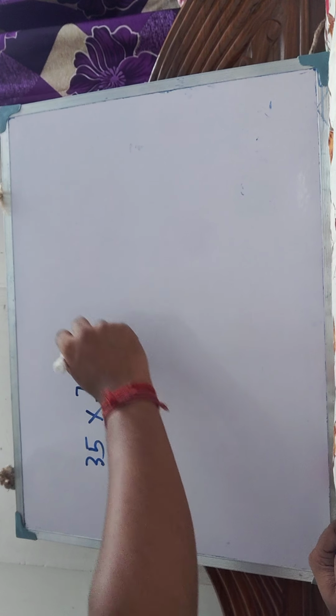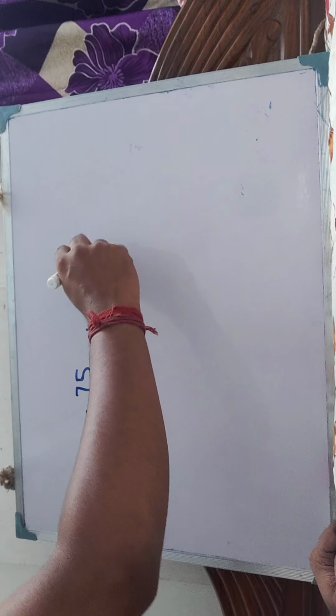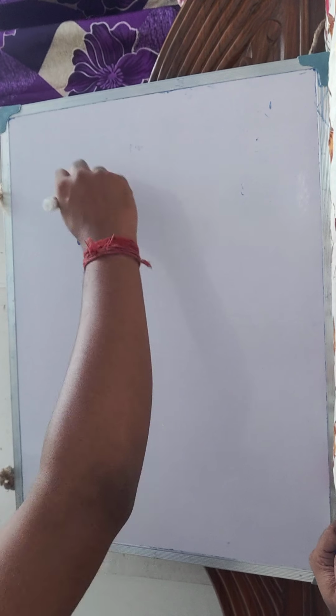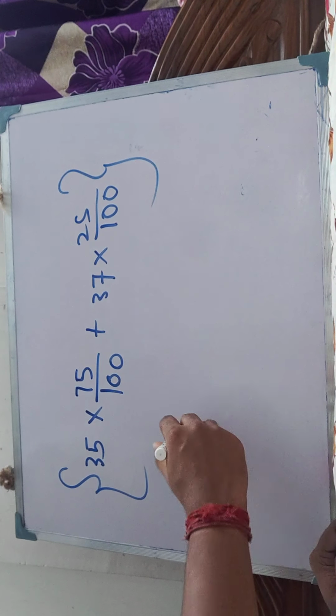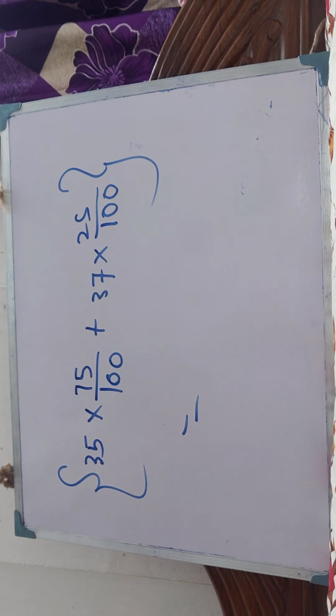So we will have to take the 75% of 35, that is 75 by 100, plus 37 into 25% of 100. The result of this will be the original atomic mass of chlorine, which is considered as the average mass of chlorine.